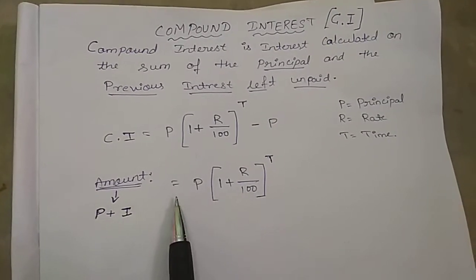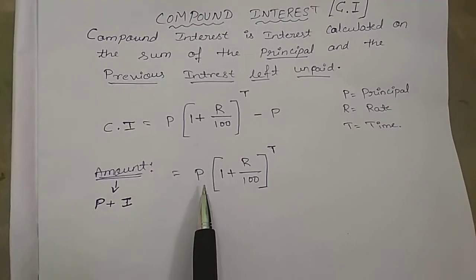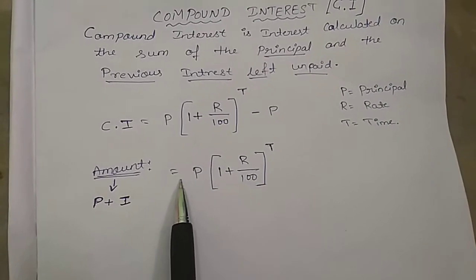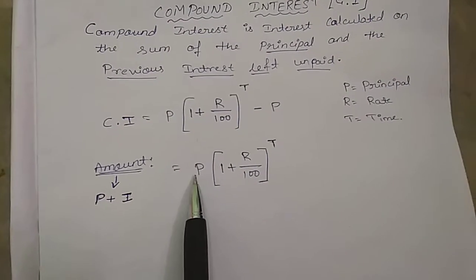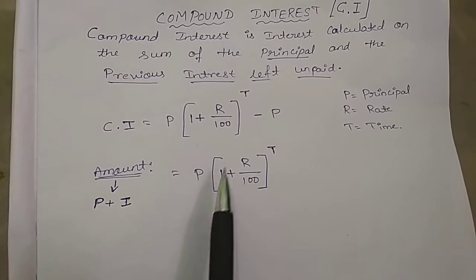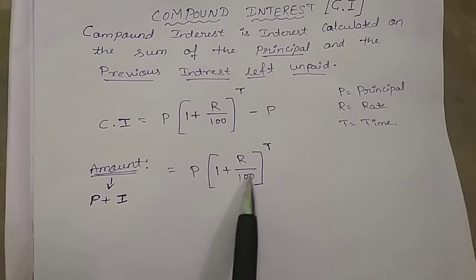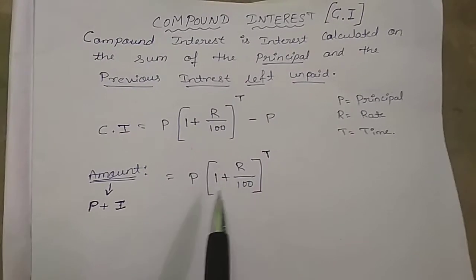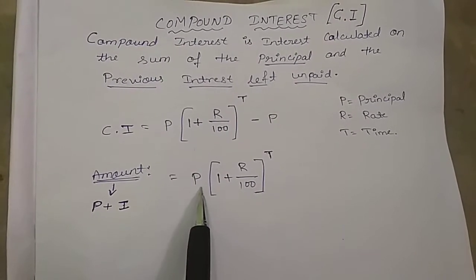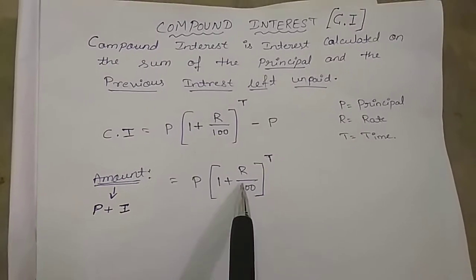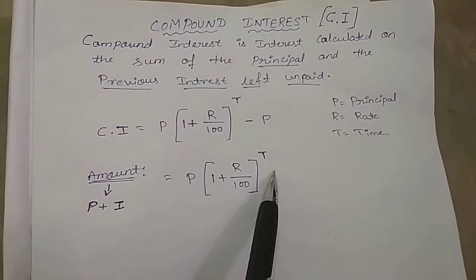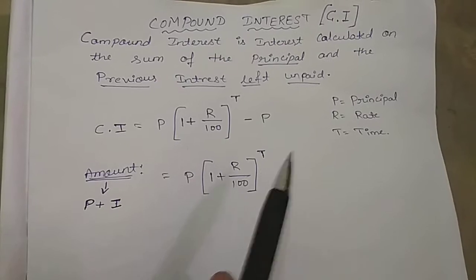So to calculate the amount we have one more formula: Amount is equal to P into (1 plus R divided by 100) to the power of T. In this formula also, P represents the principal amount, R represents the rate, and T represents the time or period.